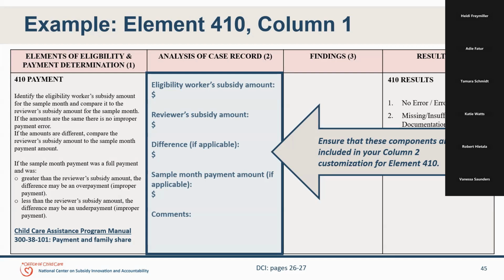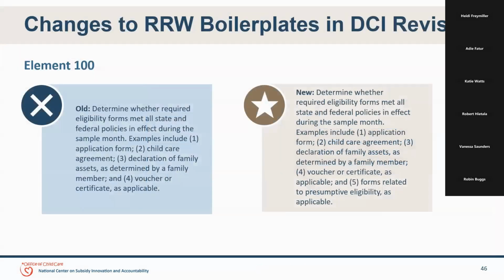Really, it's not required for either, but I think it's usually helpful for at least the reviewer to include some of that information, especially if there's an improper payment. Okay. I was meaning including the math when we're talking about the differences or the subsidy amount and all that. Yeah, if it's helpful, but I always think it is. Okay, thank you. That's a great question.